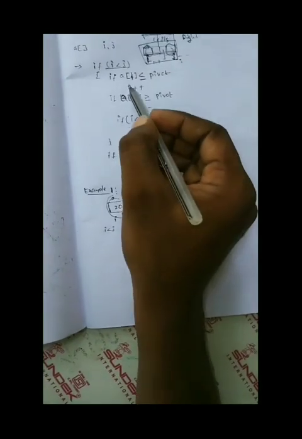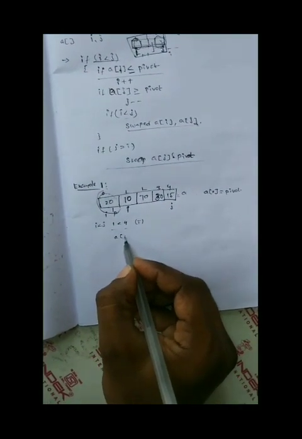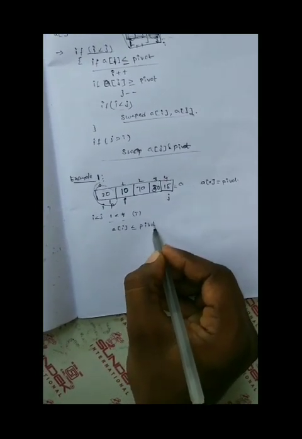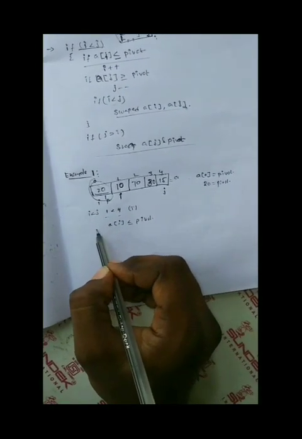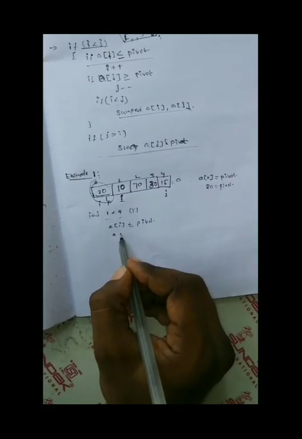Now check the first condition, A of I less than or equal to pivot. Here A of I is, the 20th element is the initial value, that is the pivot element. The A of I position is 1.